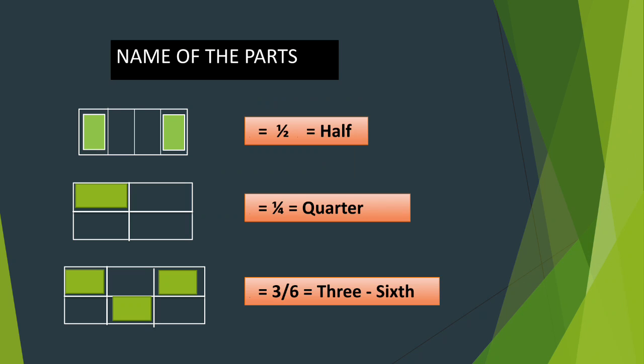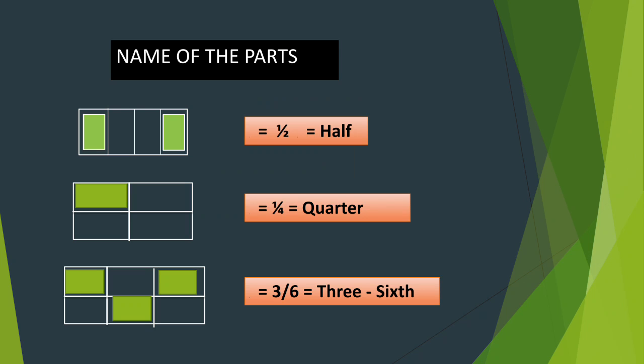In total 4, half is 2. So we can say 1 by 2 equals half. Next one, having 4 rectangles, that is 4 parts, with 1 green color. So total 4, 1 is green. So we can write 1 by 4, that is quarter.